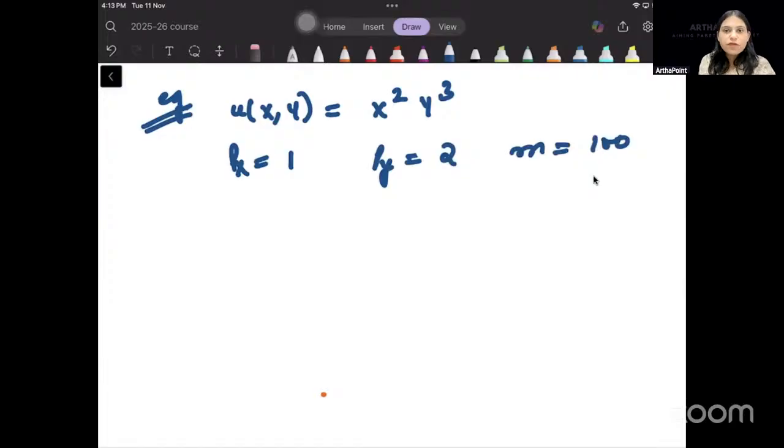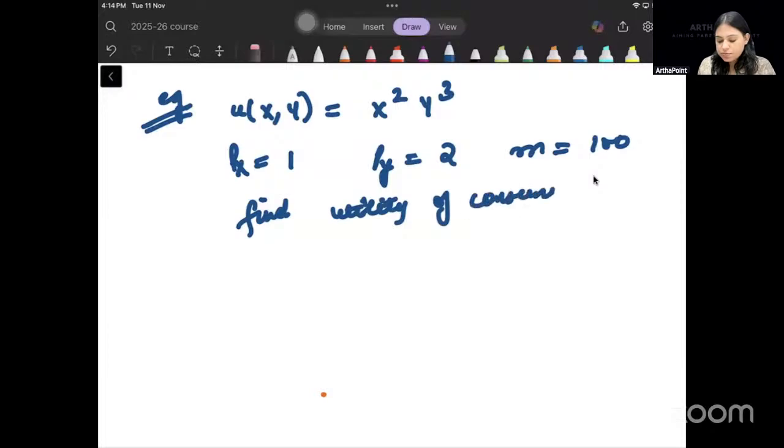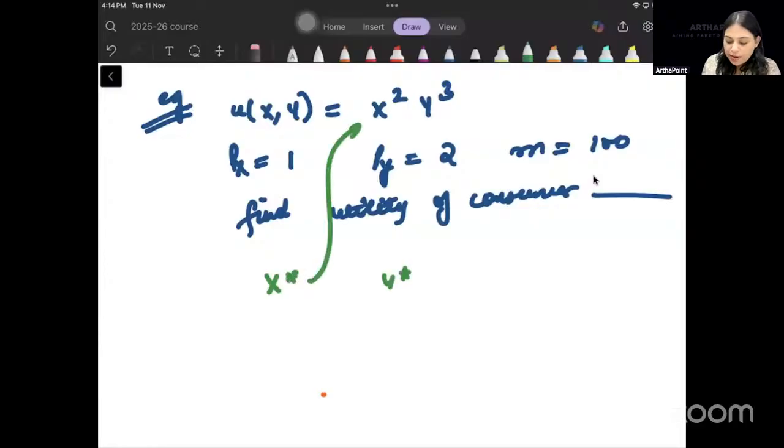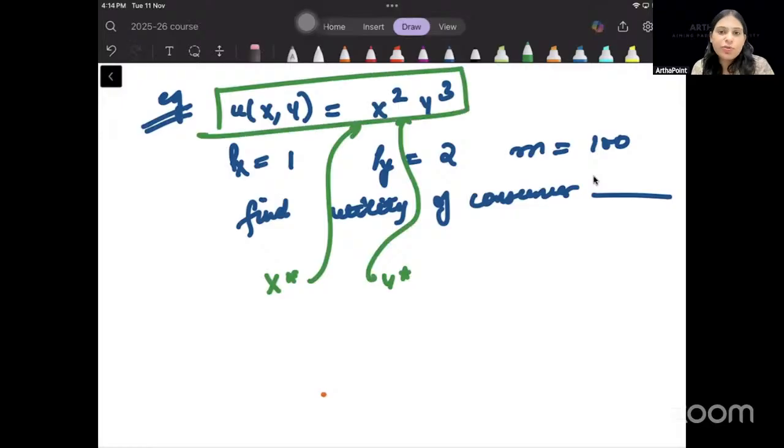Instead of asking you the equilibrium x star, y star, I may ask you to find the maximum utility of this consumer. It means that once you find x star and y star, you have to plug them back into the utility function and compute the value of utility.